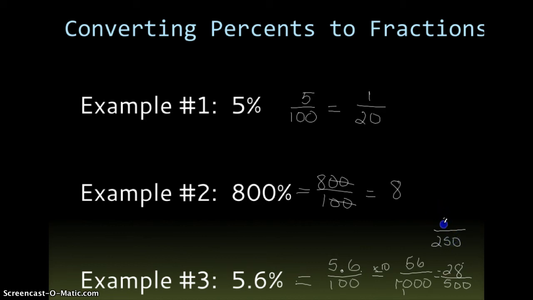Our numerator is 14. And it looks like we can divide again. So let's divide again. This becomes 125. Our numerator becomes 7. And it looks like that might be it. All right? So 5 6/10% is the same as saying 7 over 125. Okay? If you need to rewatch it, make sure you do.